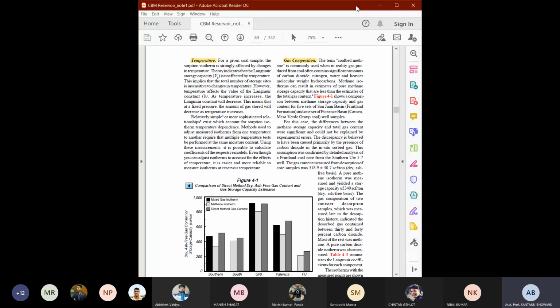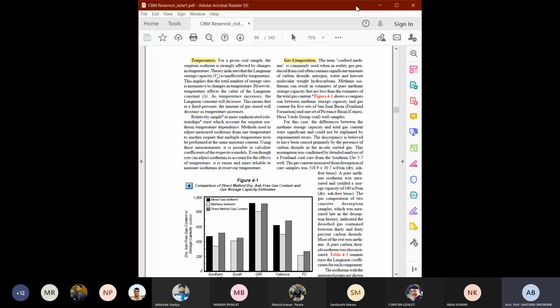Same thing will happen for the gas storage also. Suppose the more common gases are nitrogen, methane and carbon dioxide. If you consider that there are three gas compositions in your reservoir, then obviously you have to check what composition of the gas is lying at what percentage. That means in 100%, what is the ratio of the gases?